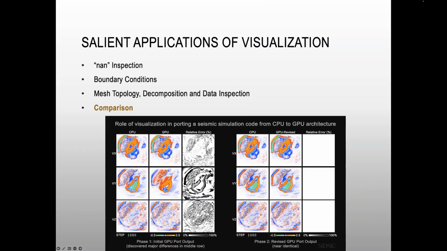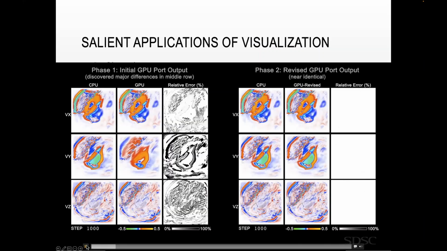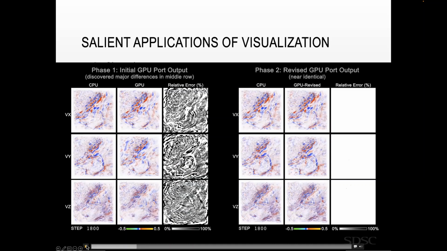Here is another example. Let me see if I can play the video. So here are 9 panels of visualization on each side. The way to read this is, the first column is a simulation running on a CPU, and then there are 3 variables along each row, Vx, Vy, and Vz. So this is velocity along the X, Y, and Z directions.